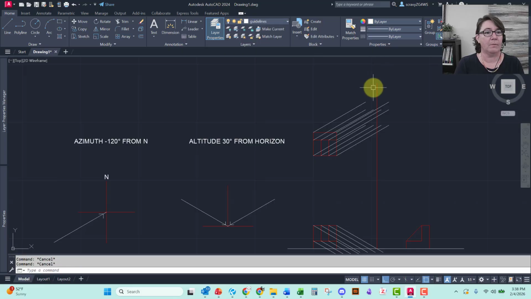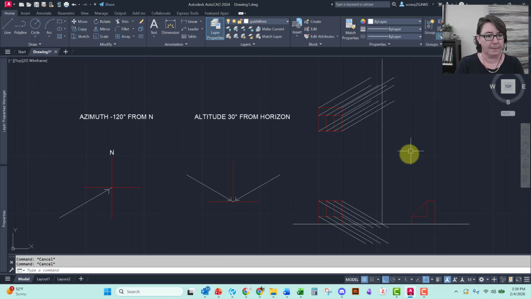Looks like I'm on the wrong layer again. Okay, so this piece is going to come up and to the right. It's going to go up there. Let me go ahead and outline that for you. Start from here, go to here, there.